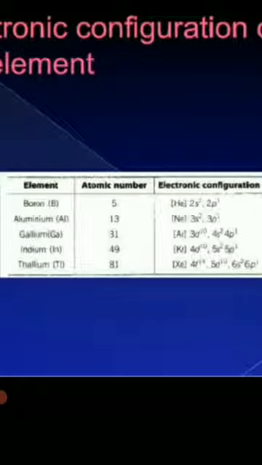From gallium, along with the noble gas configuration, we have the 3d10 configuration also. So gallium has argon plus 3d10 4s2 4p1. Indium has krypton plus 4d10 5s2 5p1. Thallium has xenon 4f14 5d10 6s2 6p1 configuration.